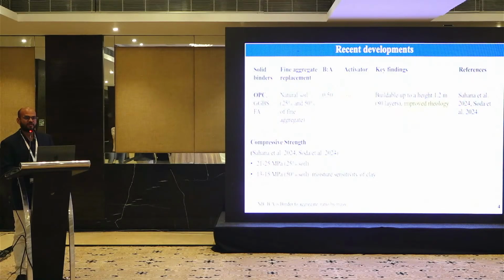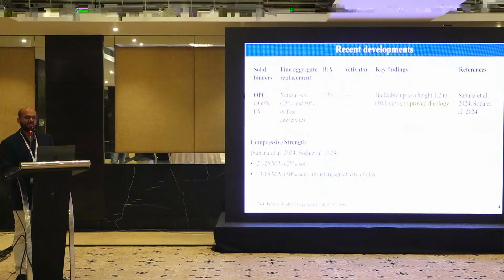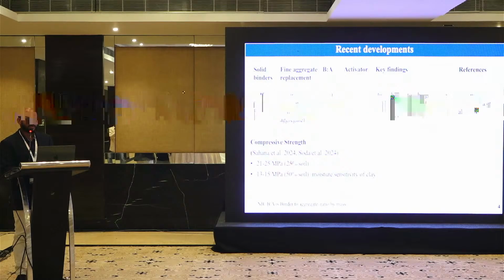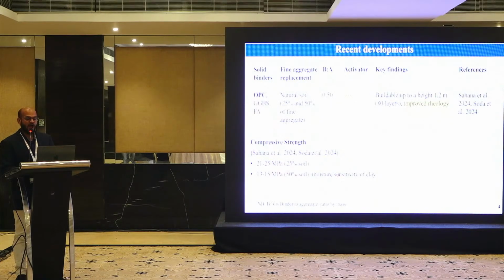But it is made utilizing OPC, so geopolymer based material is highly important to get a low carbon material. Another important aspect is that the compressive strength is highly reduced when 50% soil is utilized instead of 25%, because of moisture sensitivity, which affects long-term performance.